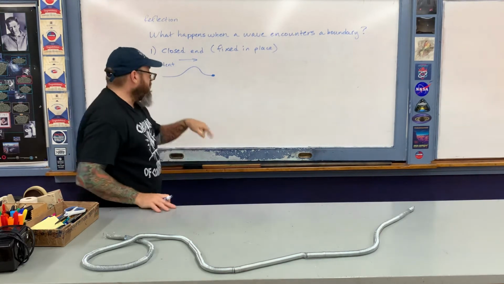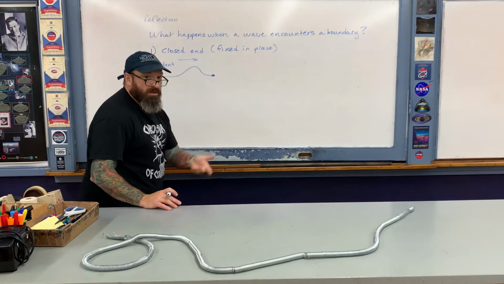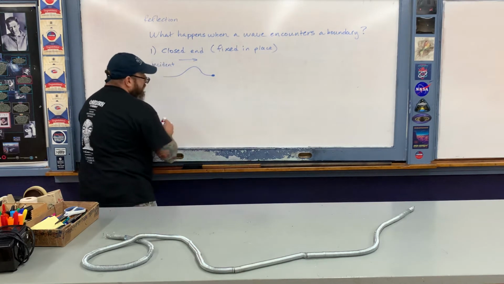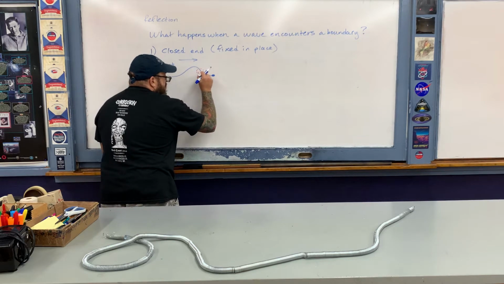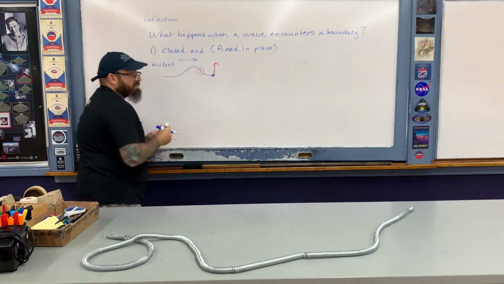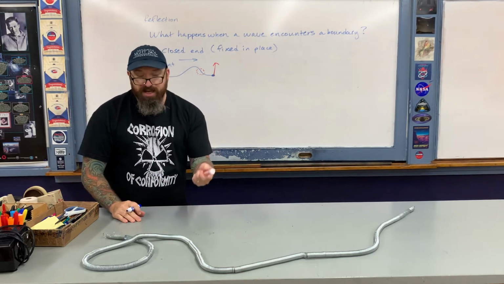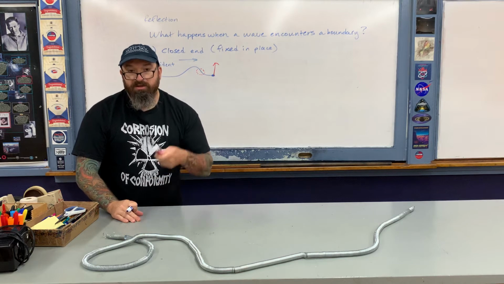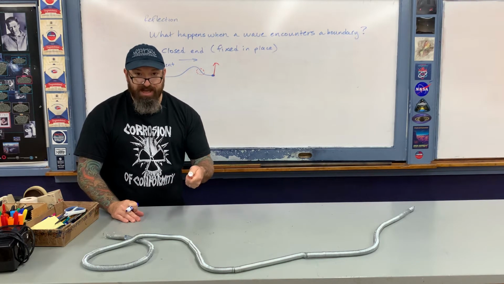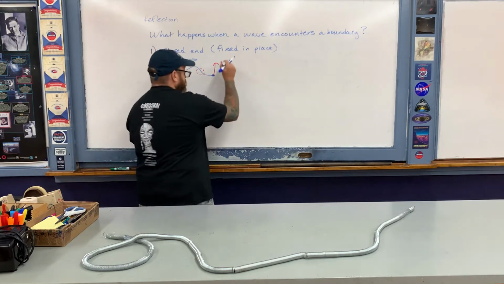What happens when the energy associated with this incident wave pulse encounters this closed end? Well, the energy associated with this section of the spring is going to exert a force upwards on my diagram like so upon the boundary. If you think of it in terms of a person's hand holding down the spring, there's a force exerted on the person's hand in that direction.